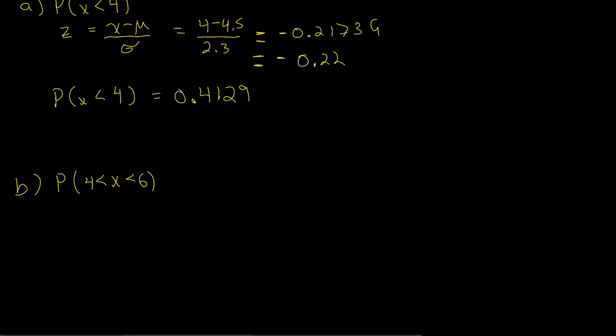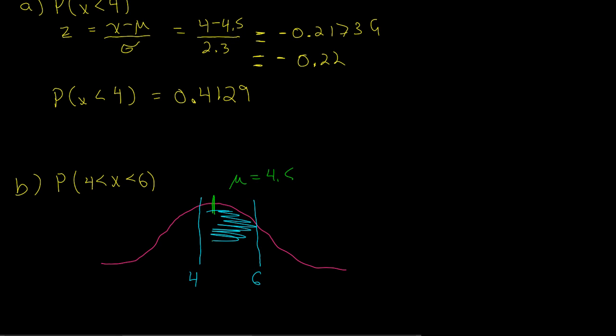And so we'll draw another normal curve, and our mu is at 4.5. And the values we are looking for are 4 and 6. And so we want the area under the curve for here, which will represent the probability between 4 and 6.